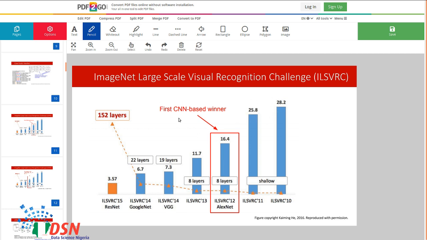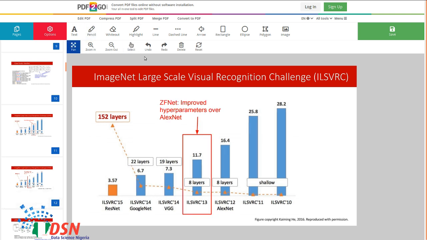The error rate that they achieved is 16.4, with 8 layers, in 2012. After that, as you could see, deep learning models increased the accuracy or reduced the error rate each year.